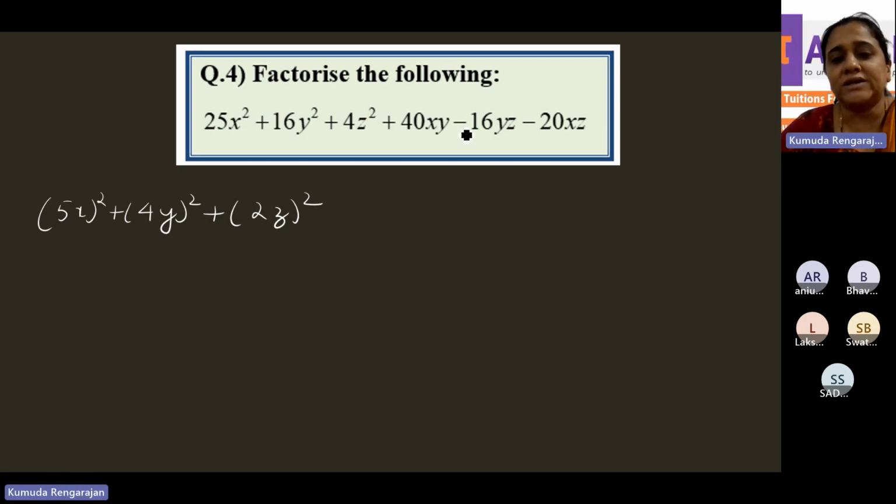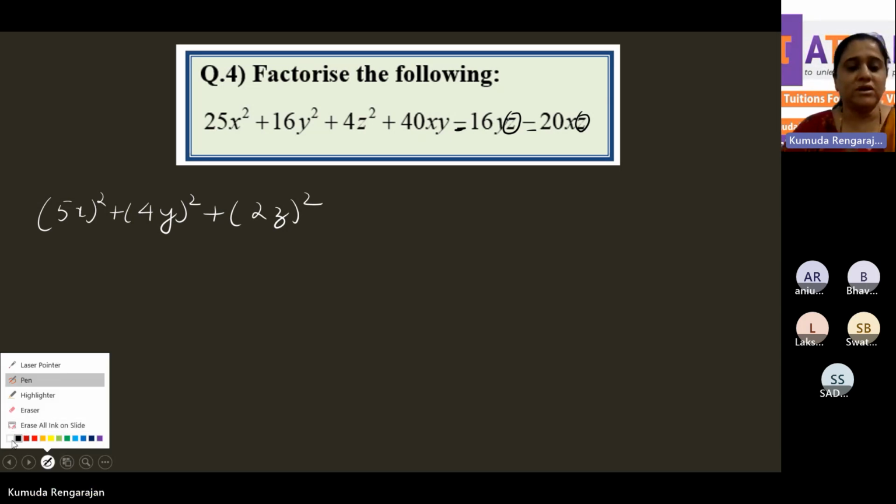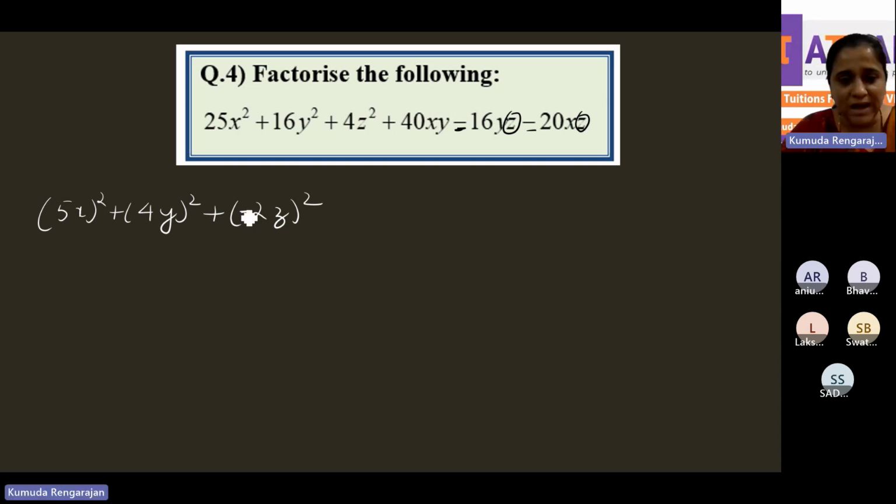So you come back here, and to that Z term, inside the bracket, you fix a minus sign. Only then you will get these 6 terms.